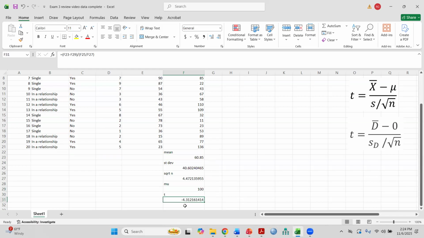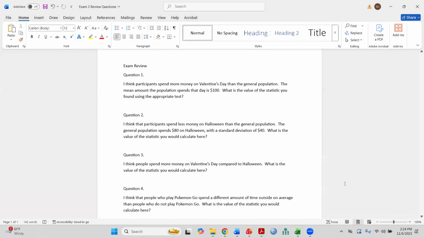Okay, well, we still don't know if this difference is significant between our sample mean and our population mean until we compare this to some kind of critical value on the t-table. So in order to think about how we're going to find the critical value, the three pieces of information you need to know are, is it a one-tailed test or a two-tailed test? What is alpha? And what are the degrees of freedom, right? Well, we're using a one-tailed hypothesis, right? Because we're saying, I think participants spend more money on Valentine's Day than the general population.